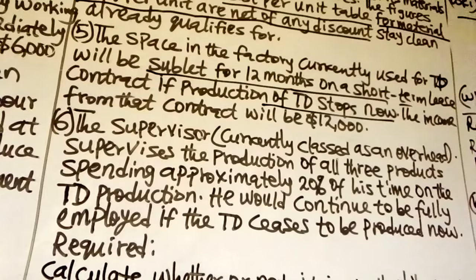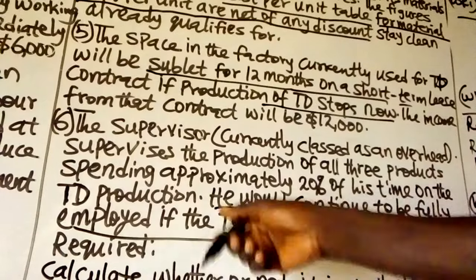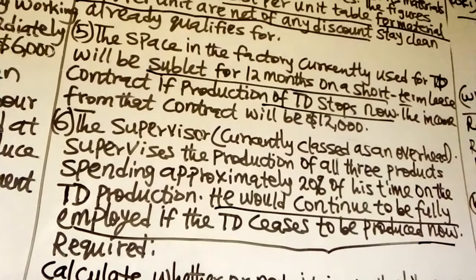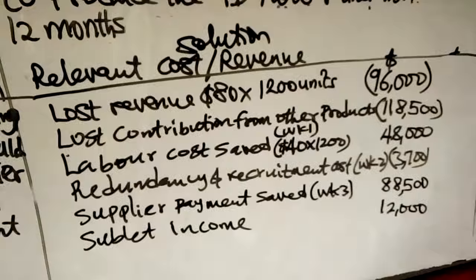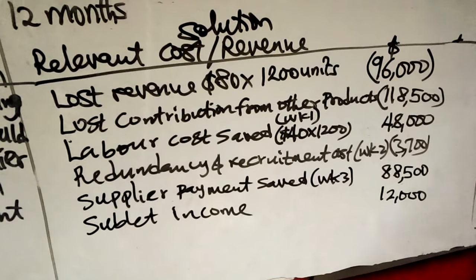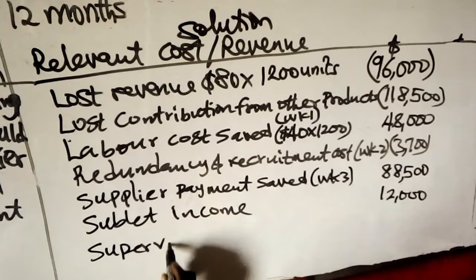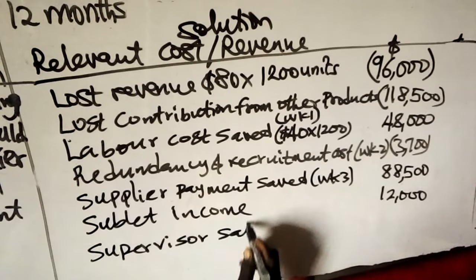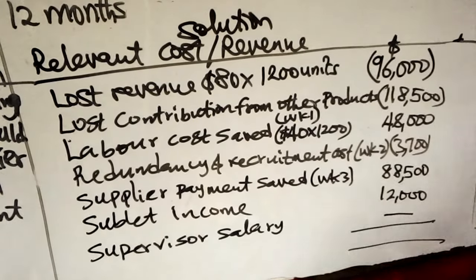Even if you cease TD now, that cost will still be incurred. So the relevant cost of that supervisor is nil. I've told you that for full-time workers, the salary you pay is not relevant. Supervisor salary is not relevant. So that is all about that.